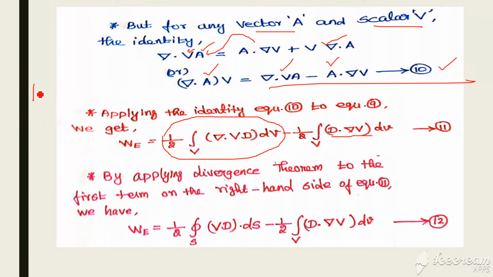It states that the surface integral of A dot dS can be written as the volume integral over V of del dot A into dV. Here we have a surface integral and a triple integral over V of del dot A into dV.